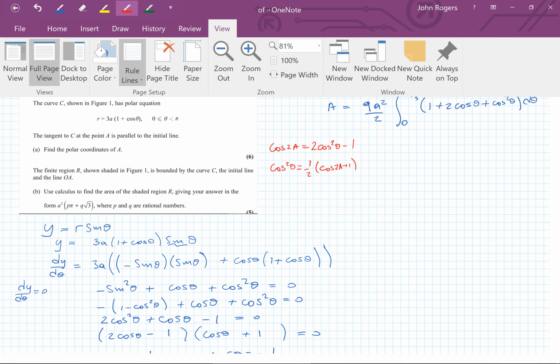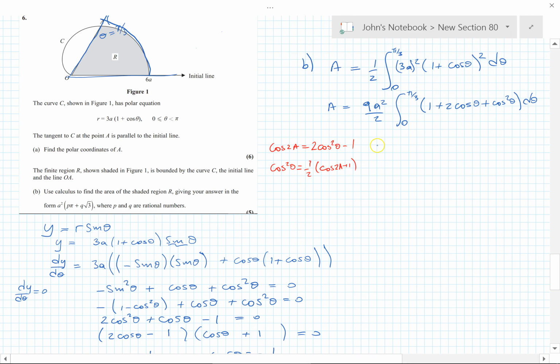Okay, let's go back to blue. So that means that this is equal to 9a squared over 2, integral from naught to pi by 3 of 1 plus 2 cos theta plus a half cos 2 theta plus a half d theta.